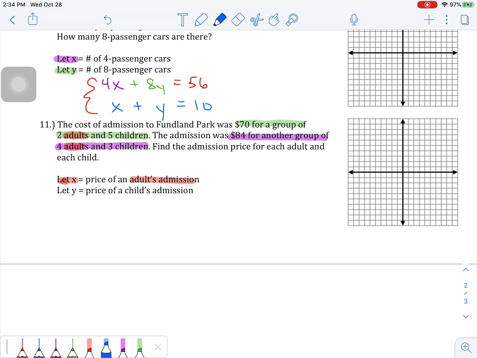Wherever I see children's admission, I'm going to use y. So the first one that equaled $70 would be for 2 adults plus 5 children, and that would be a total of $70. There's my first equation.